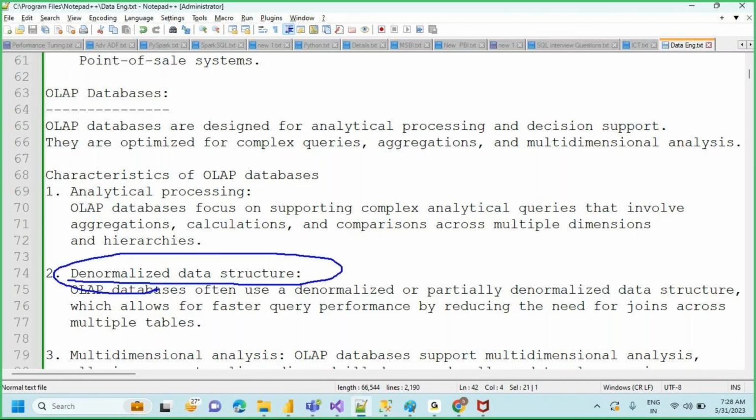We are going to handle duplicated data with a smaller number of joins. So that is going to improve the performance. If you join the data directly in the OLTP system, since there are hundreds of tables, it is going to kill the performance. So to avoid this, we are going to have data warehouses.